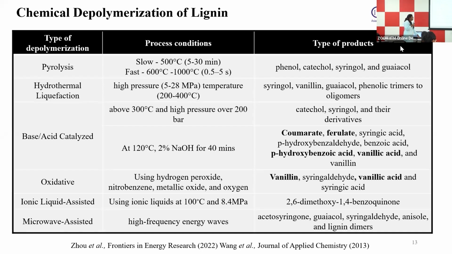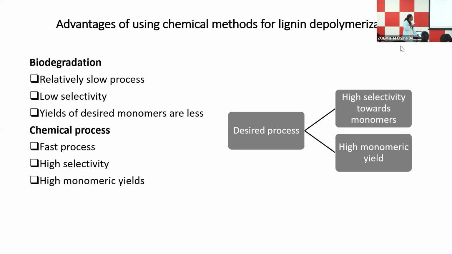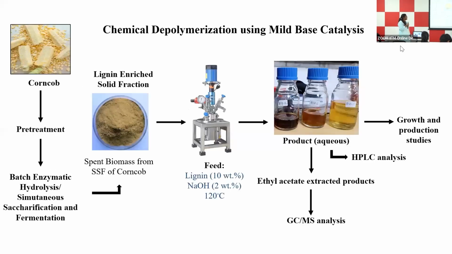We found that pyrolysis, for example, gives high molecular weight lignin, which is difficult for the organisms to take up. So what we did was we took a chemical process known as mild base catalysis, where we were able to achieve coumarate as the main degradation product with higher yields. So we had this with the hydrolysate of the batch enzymatic hydrolysis, which would be rich in lignin.